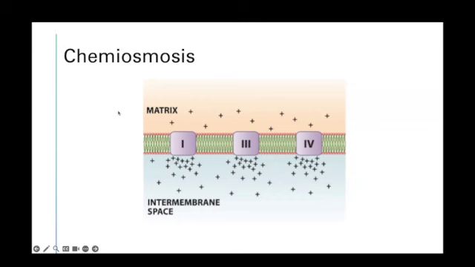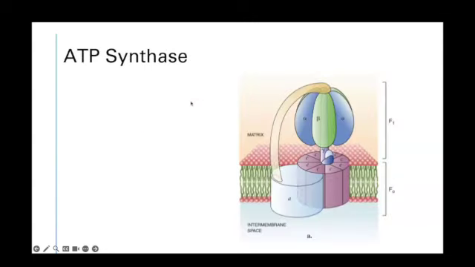The protons don't like that there are so many protons here and not as many protons here, and they want to go back. So they have that drive to equal out that gradient. They're going to find a way to get back in through the ATP synthase, which is also called the protomotive force. The ATP synthase consists of multiple subunits.